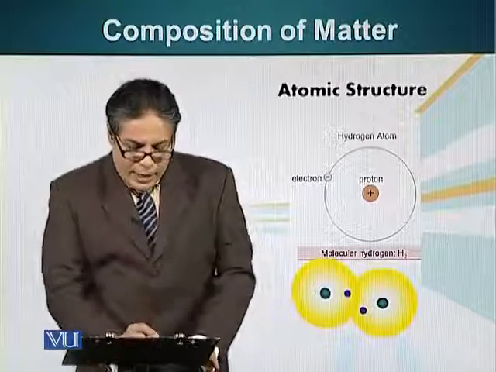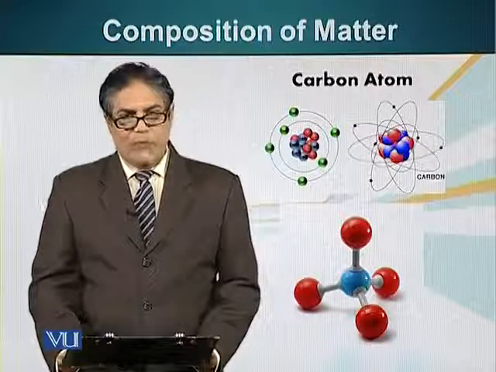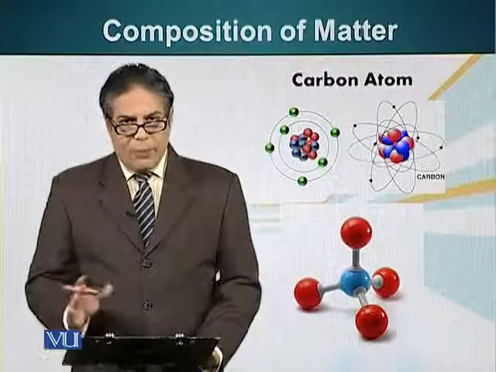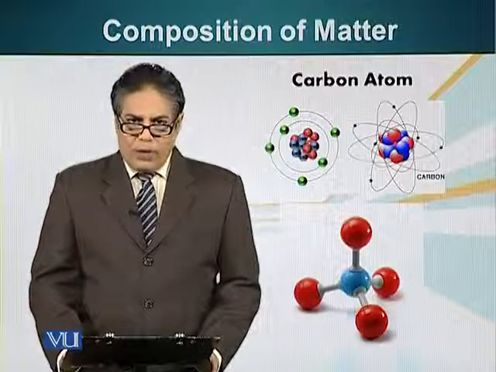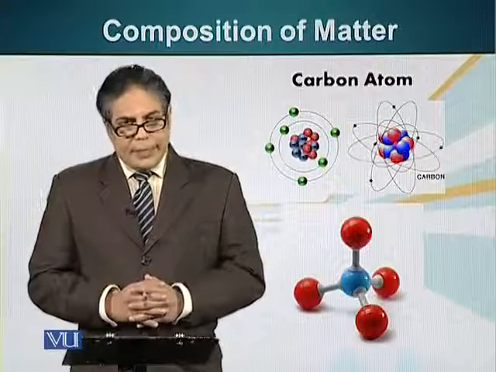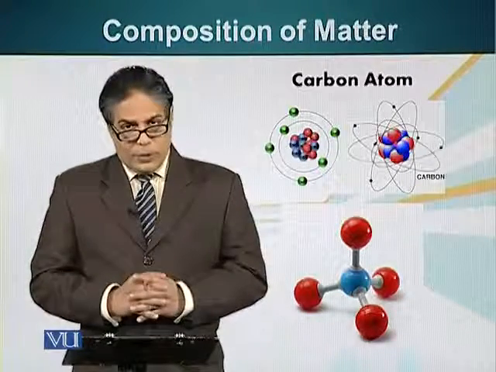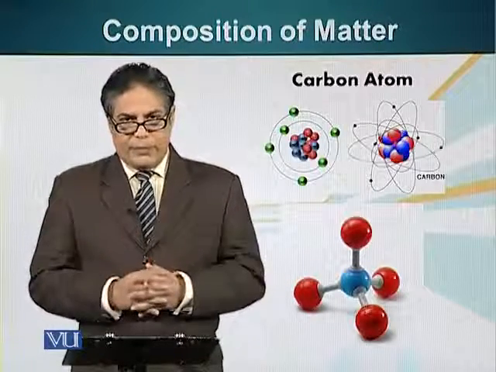Let's look at the structure of another atom, the carbon atom, which plays a very important role in living molecules. Carbon atom has 4 electrons in the outermost region. These 4 electrons are present in 4 different orbitals.